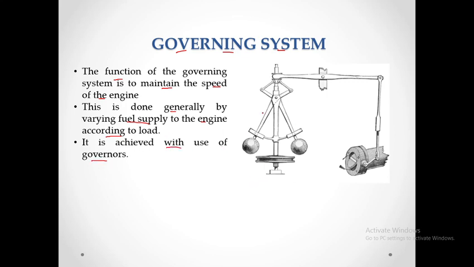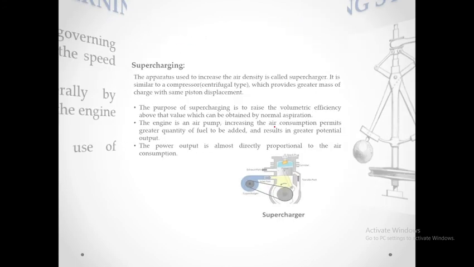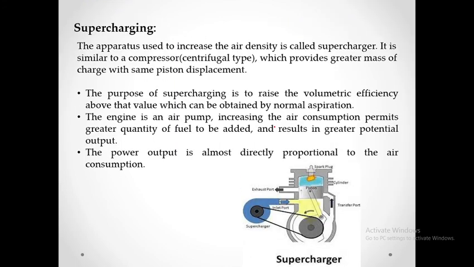Then supercharging. We know that the apparatus used to increase the air density is called the supercharger. A supercharger is similar to a compressor, generally a centrifugal type compressor, which provides a greater mass of charge with the same piston displacement.